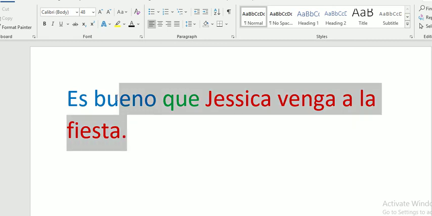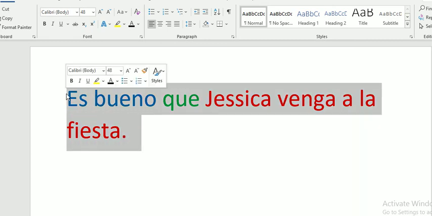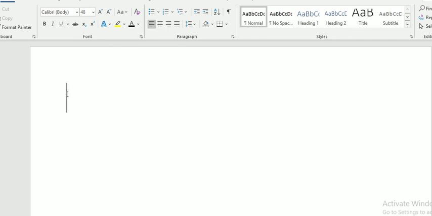Alright. I guess this is a better time than any to talk about, okay, what in the heck is the indicative? What's the difference there between that and the subjunctive? Well, I'm going to show you, and a good example of a verb to show this kind of thing is the verb decir, to say. Let me shrink this down real quick.